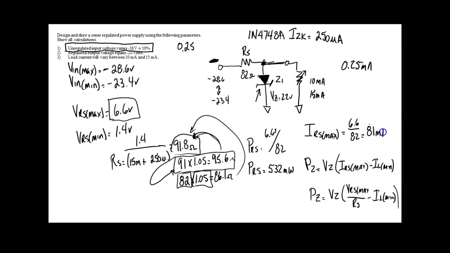81 milliamps. Okay. So we'll come up here and calculate our Zener. So PZ would be equal to 22 volts times, open up parentheses, 81 milli minus 10 milli.